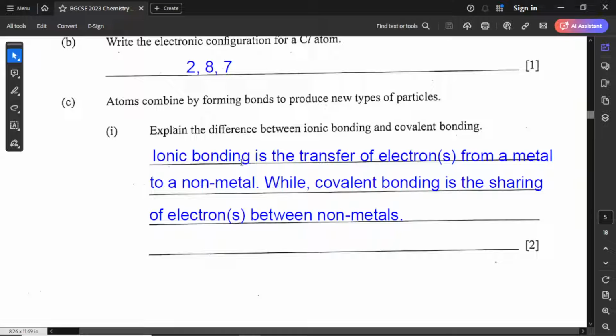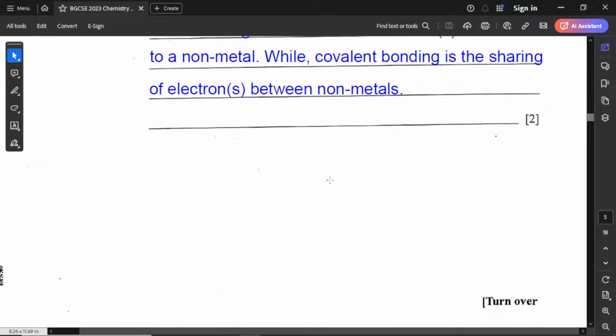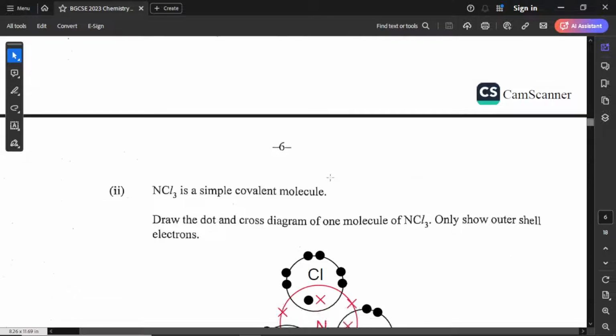So of course, ionic bonding involves a metal and a non-metal, and covalent is only non-metals. And the other difference is that in ionic bonding there's a transfer of the electrons, and for covalent, it is a sharing of the electrons. So those are the two differences included there.